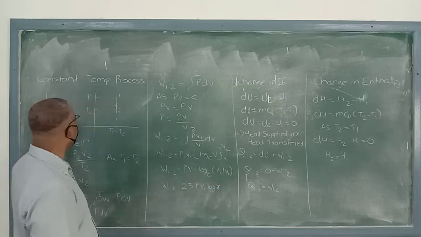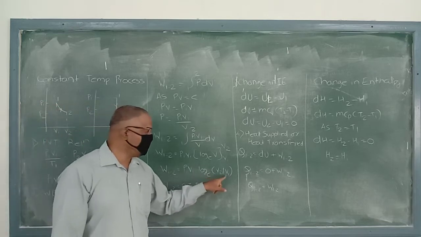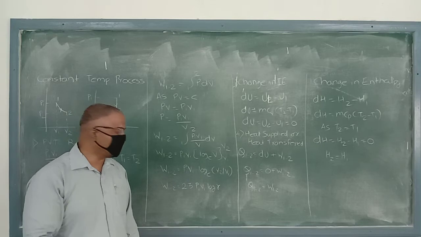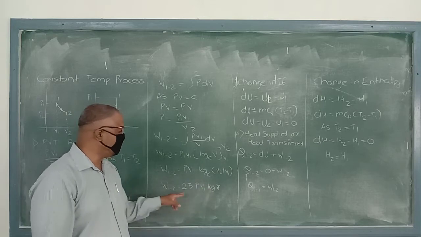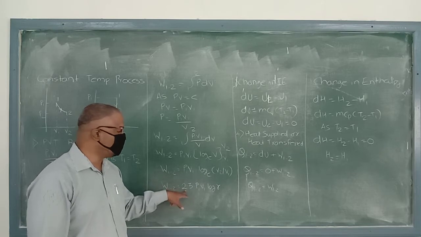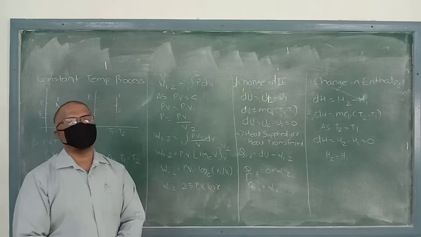As we have taken an expansion process, V2 upon V1 is the compression ratio. So the equation becomes W12 is equal to 2.3 P1 V1 log of r.